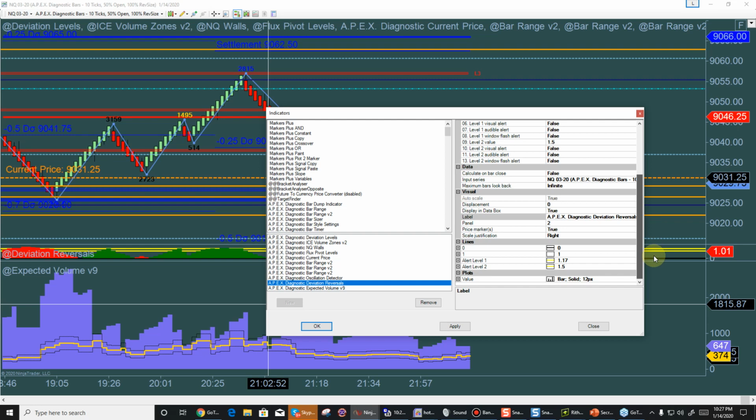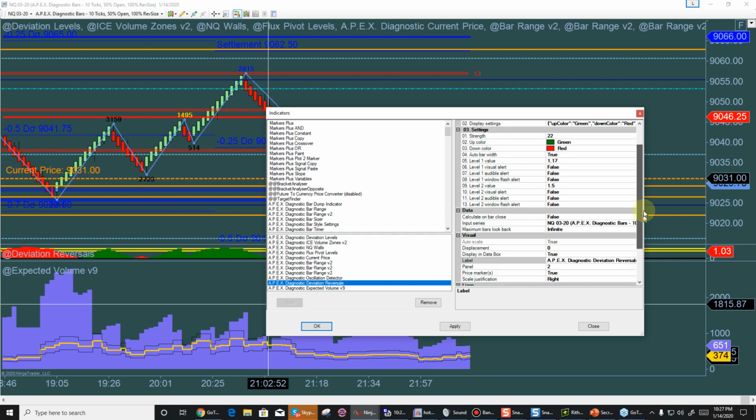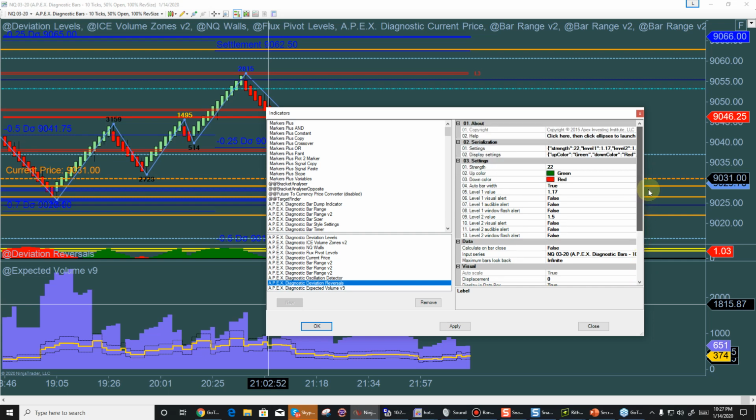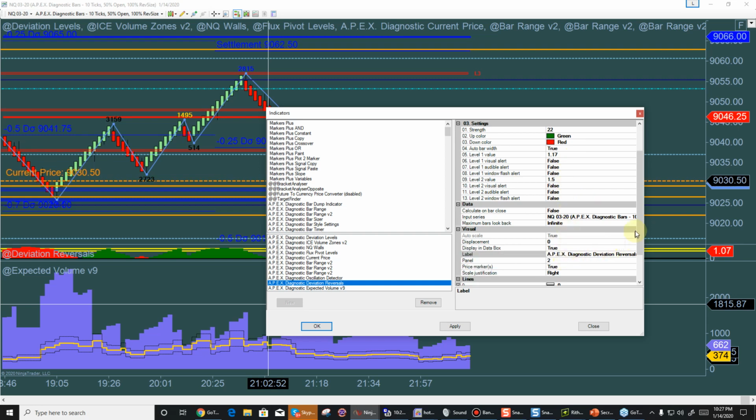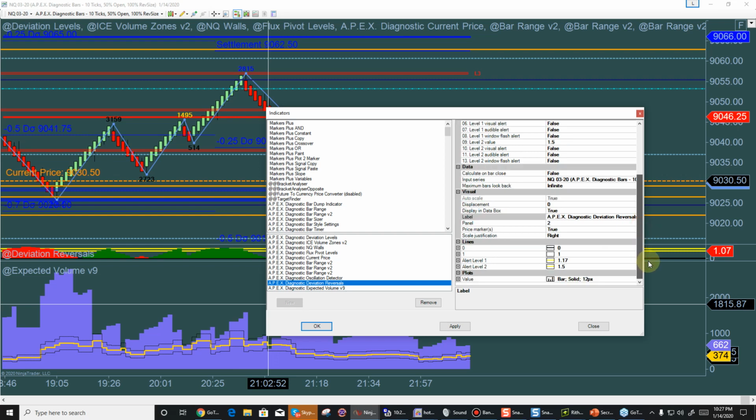Please tell me I have it. Where is that at? Hold on one second. I want to see if it's in here yet, because we got a new thing we're working on. Bar width, visual alerts. I don't think it's in there yet.